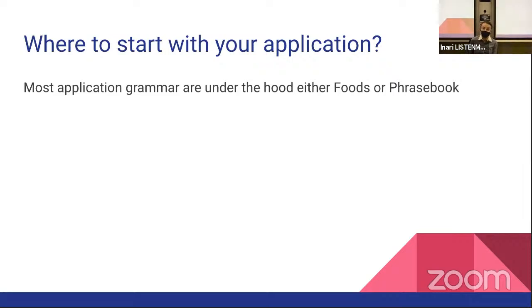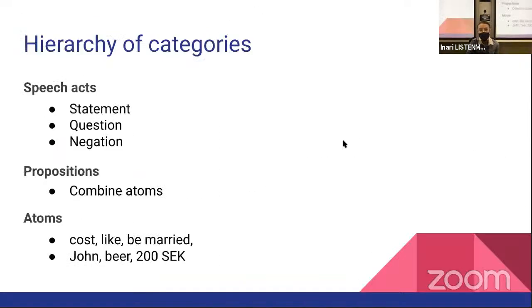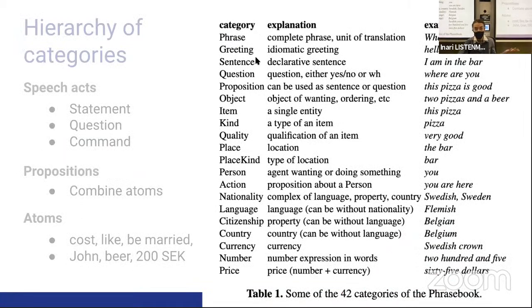If that is completely inadequate, like you want to say lots and lots more things, then go to Facebook. Oh, I need to jump very far back. Go to Facebook, look at all the 42 categories.